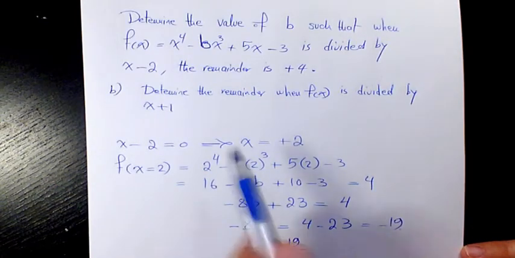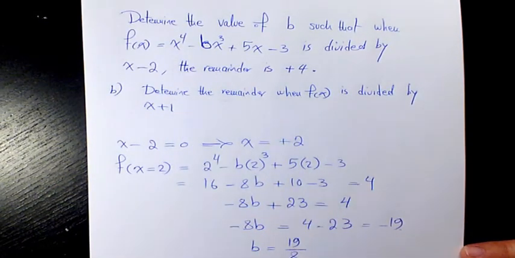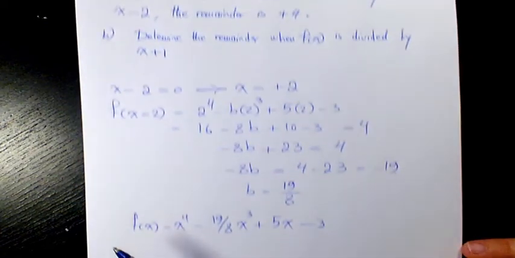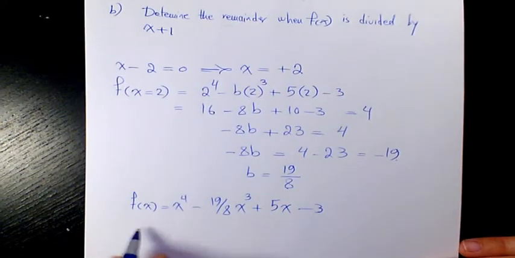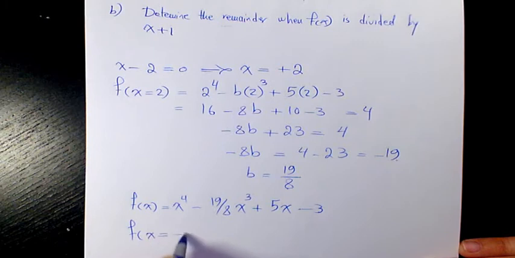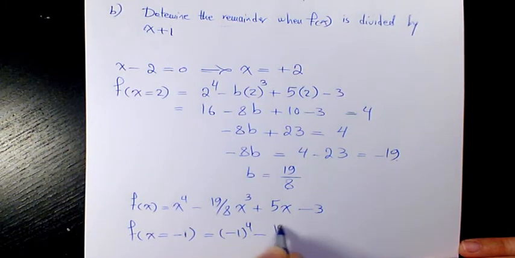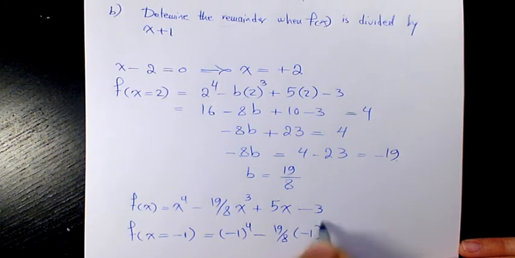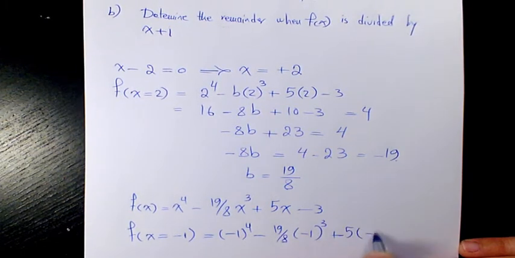And in the second part, we need to determine the remainder when f of x is divided by x plus 1. So it's going to be f of negative 1. That's going to be negative 1 to the power of 4 minus 19 over 8 times negative 1 to the power of 3 plus 5 times negative 1 minus 3.